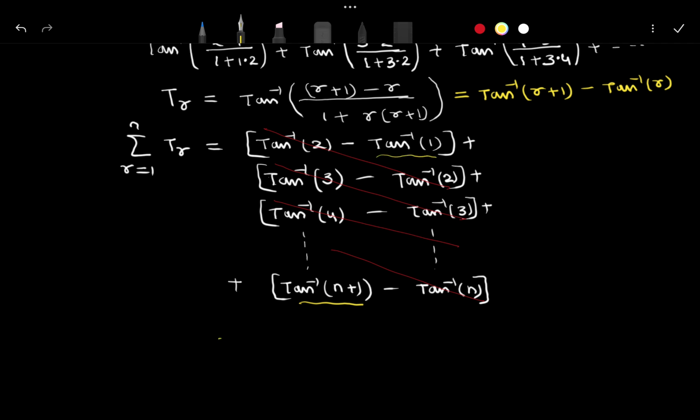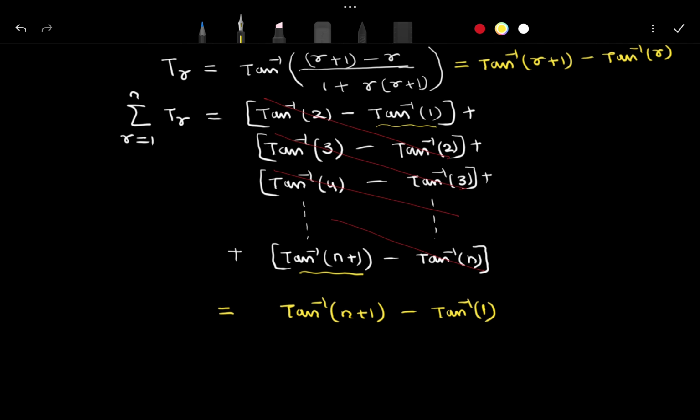So if you write this value, it equals tan inverse of n plus 1 minus tan inverse of 1. But you want the sum of the infinite terms. Sum of the infinite terms means what we discussed in the previous lectures.